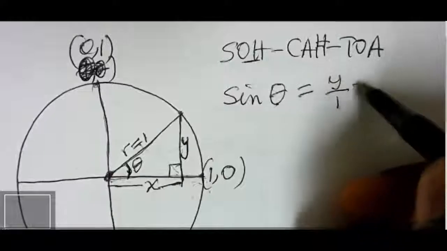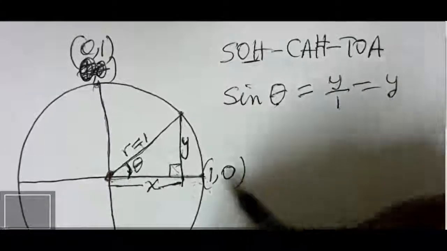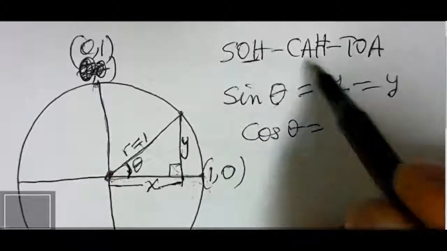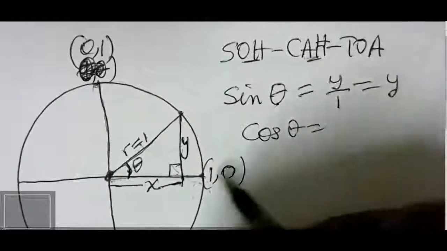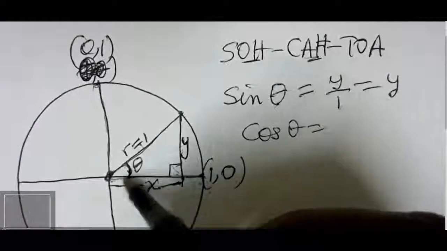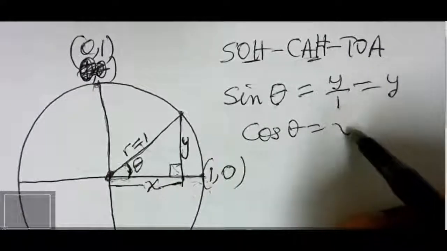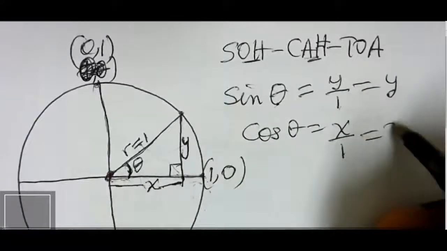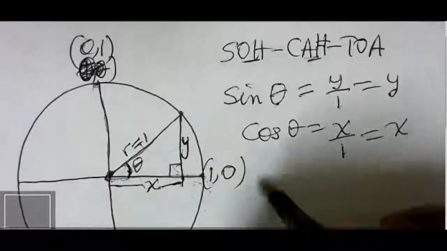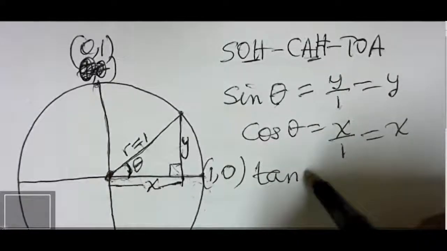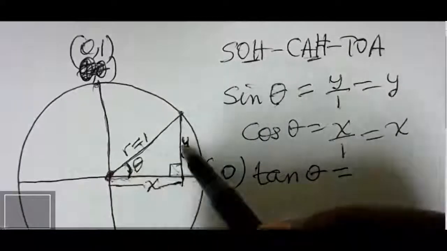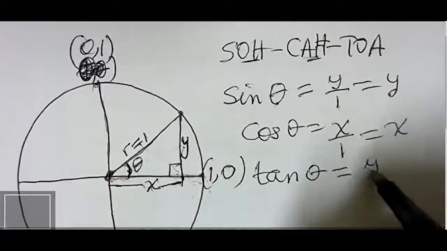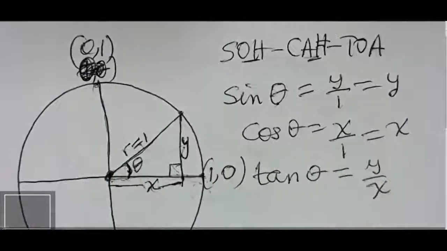So y over 1 is actually y. Cosine theta, cosine is adjacent over hypotenuse. The side adjacent is going to be x. It's x over hypotenuse, again 1. So cosine is actually x. And then tangent, tan theta is opposite over adjacent. So it's y over x.